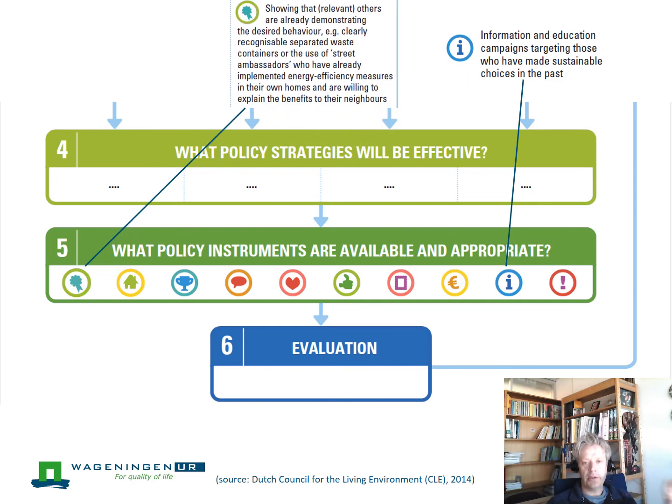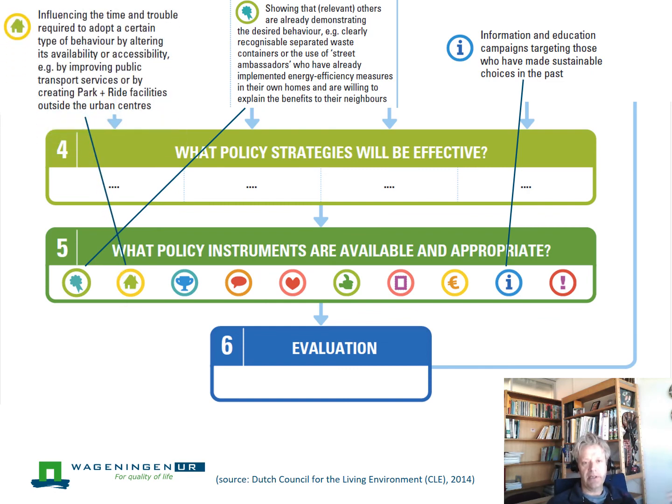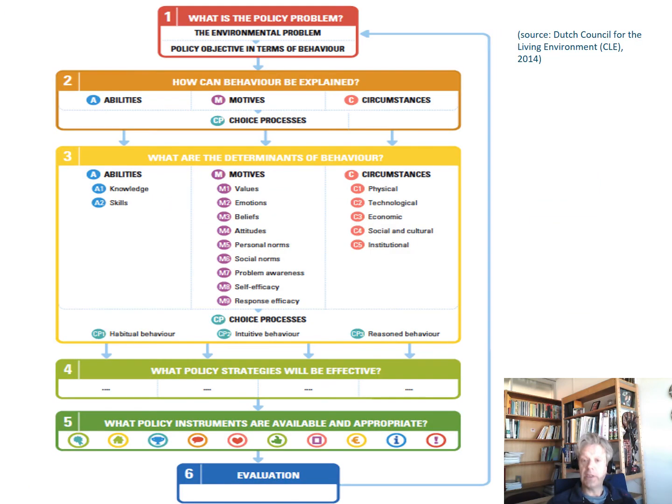And I'm not going to touch upon all of these, but the Dutch Council for the Living Environment document that you have explains it in far more detail. So to summarize, think about the policy problem first. Try to translate it in terms of desirable behavior. Look for the different determinants of that behavior and look for the low-hanging fruit. Where might you have the most impact? So do an analysis of the people you want to work with, the people you want to engage in a new behavior.